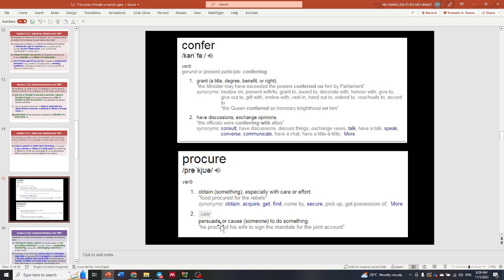Syamsul try to procure his wife to not make things worse in this marriage issue. Bermaksud dia cuba nak memujuk dalam keadaan yang lebih intens untuk tidak membincangkan masalah rumah tangga mereka dalam mahkamah. Contoh, dia memujuk. Persuade is memujuk. So procure in the terms of law is referring to persuading.